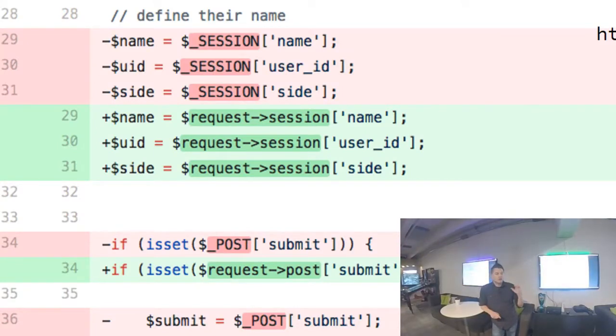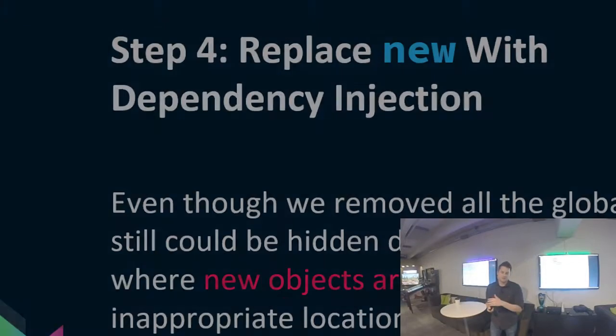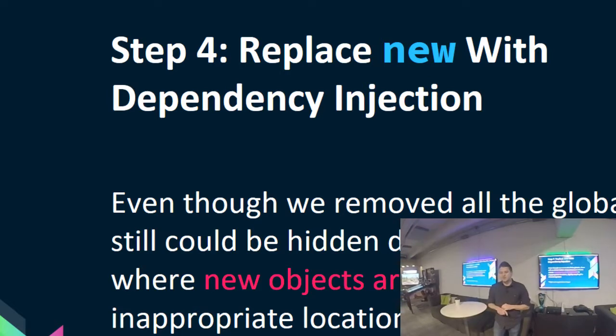But that allows me to update all of the places in my code where I'm referencing global variables, and I'm referencing the request object instead. And so what this is doing is decoupling, so it's going to be easier for us to test in the future. So I replace session with the request session, and then post with request post.